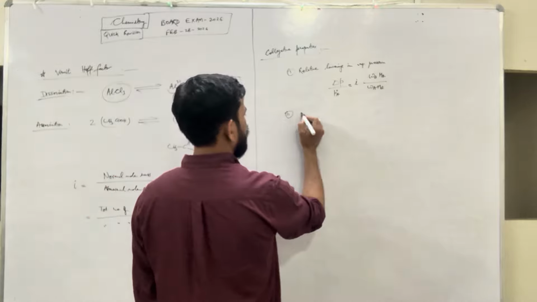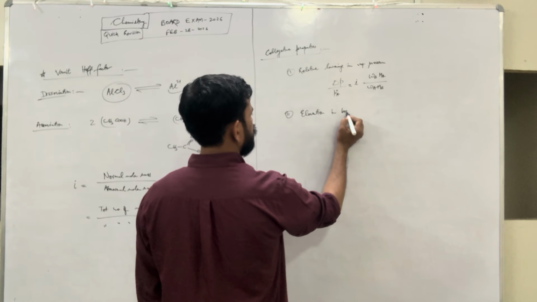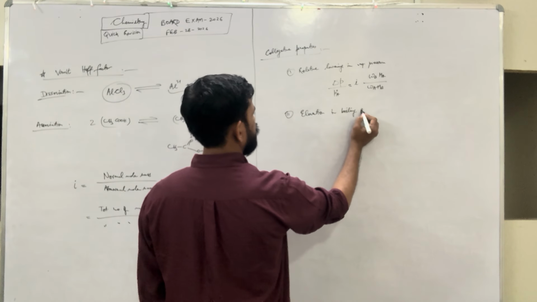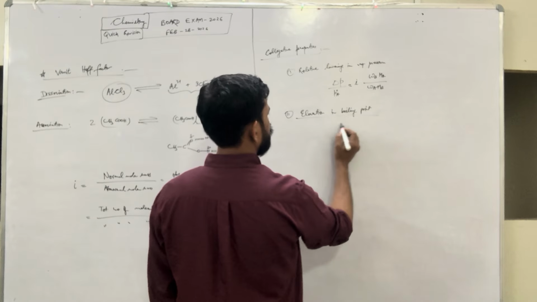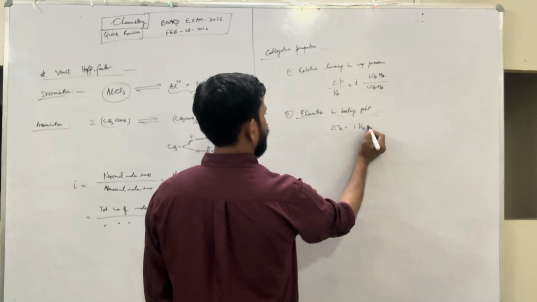Now the other one, elevation in boiling point: delta Tb is equal to i Kb into m.